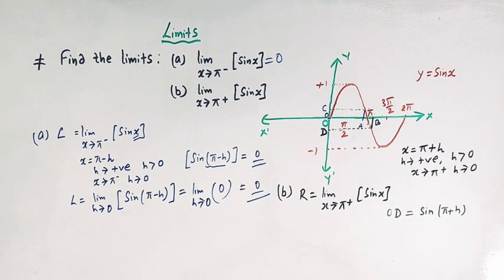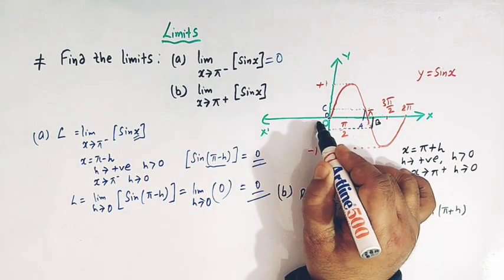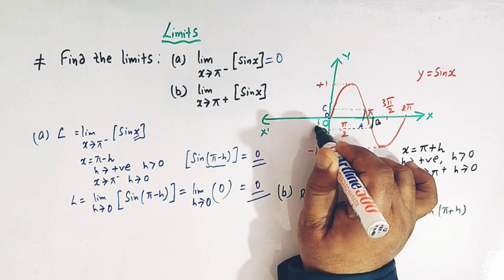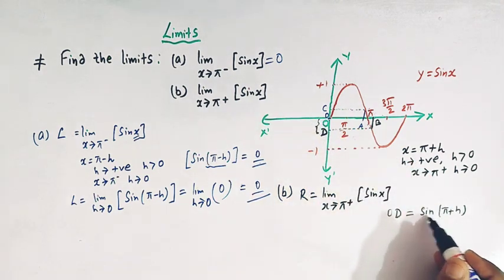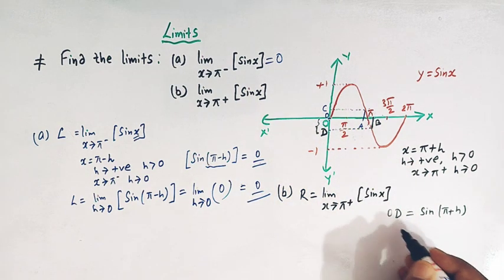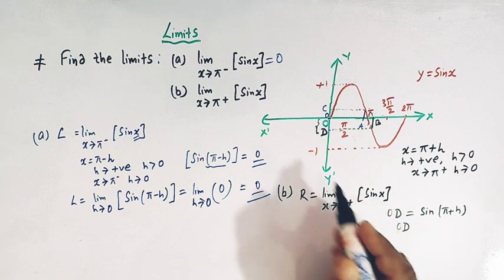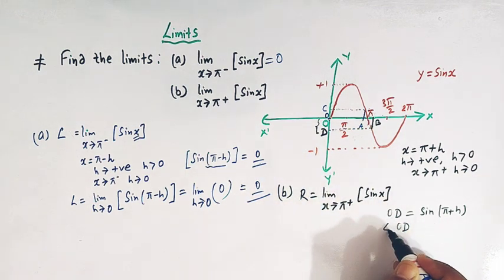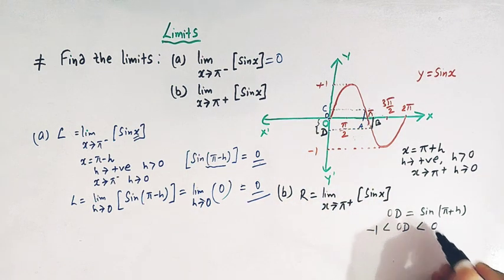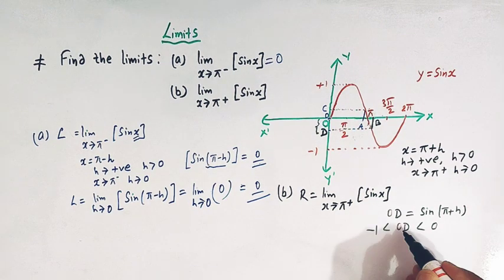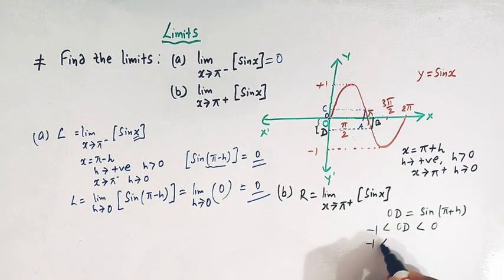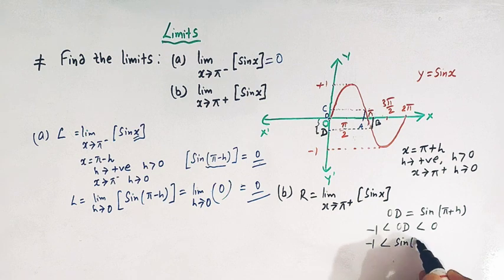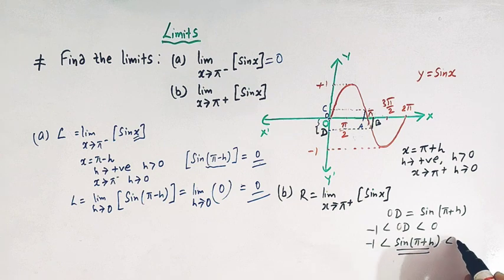So OD is greater than minus 1 but less than 0, right? So for OD we can write sine(pi plus h), and this quantity is greater than minus 1 but less than 0, right?